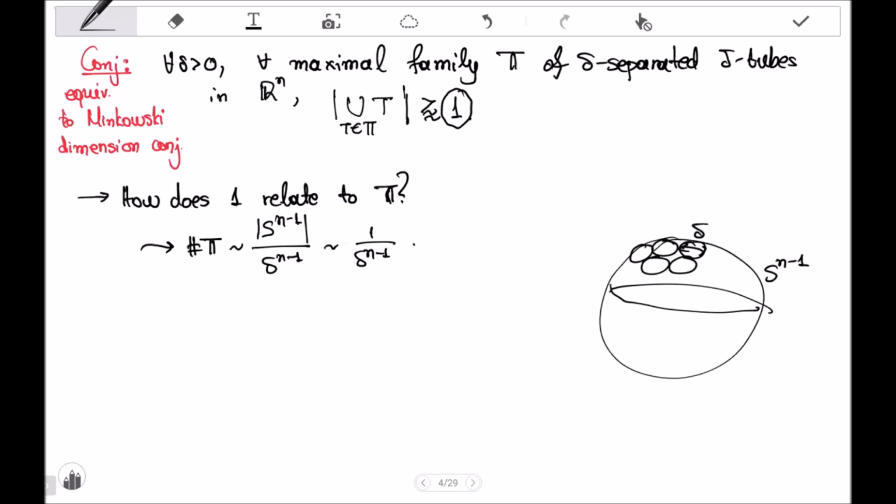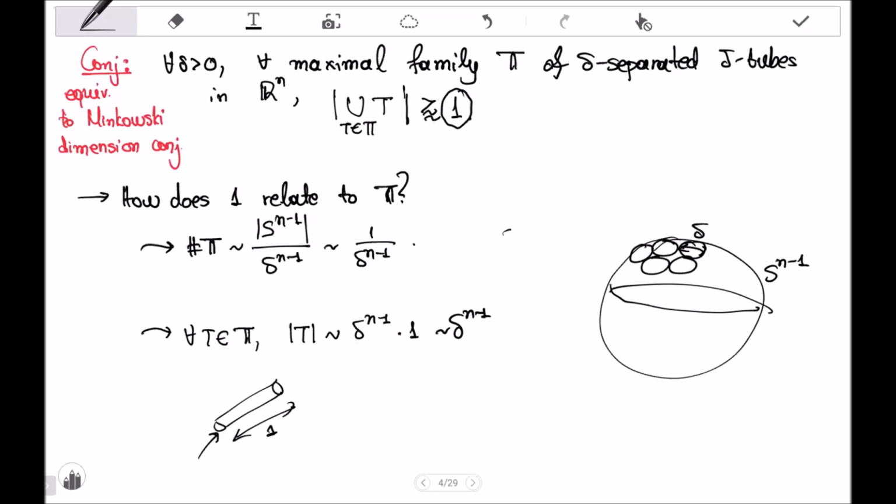And now every cube has the same size. Let's calculate that size. So for every cube in our family, the size of the cube is its cross section times the length. So the cubes have a cross section that's an n minus 1 dimensional ball of width delta. So the cross section has this size and the length is 1. So it's about delta to the n minus 1, the size of every cube.